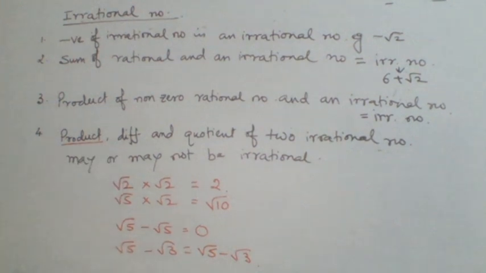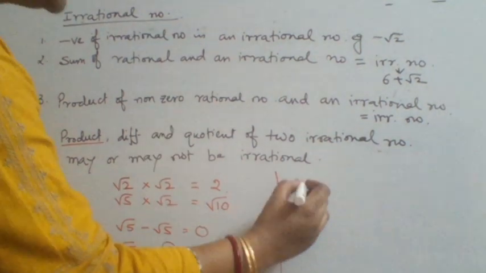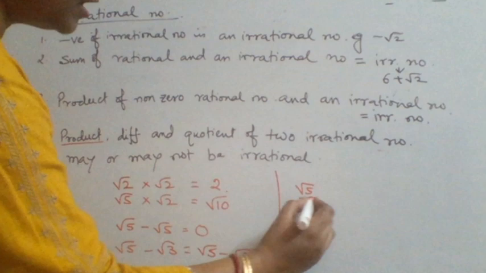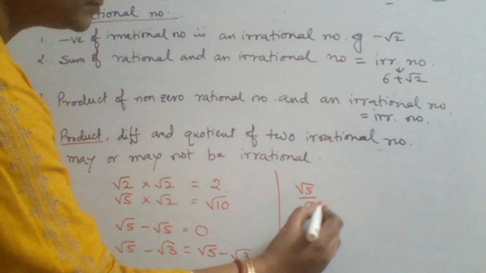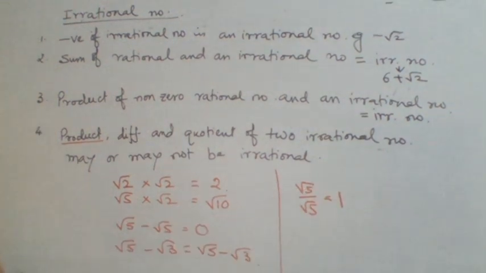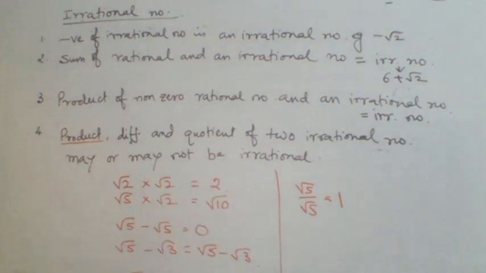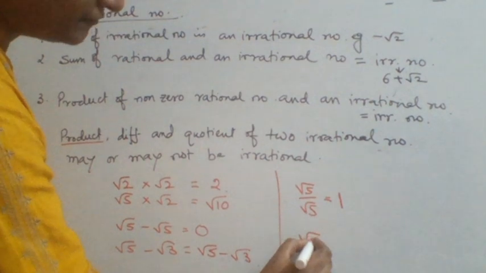Now in the third case, that is the quotient, division. If we go for division, say root 5 upon root 5, they are going to cancel and this is equal to 1. 1 is a rational number. These operations should be clear in your mind. Then take root 5 divided by root 3.